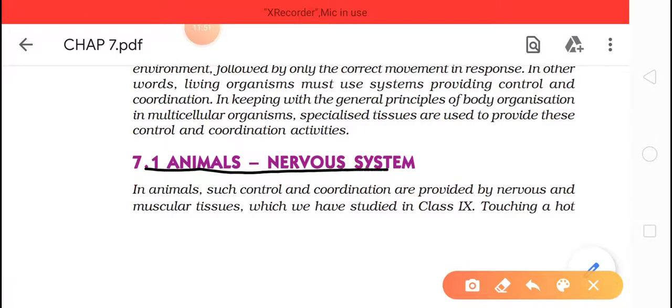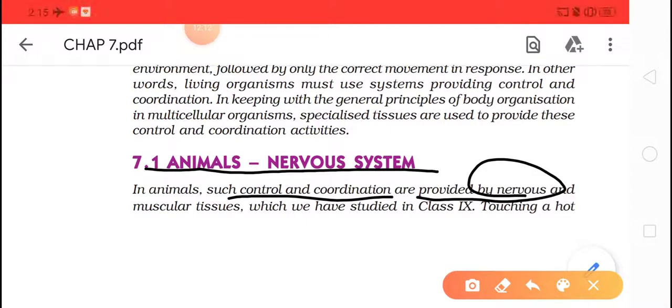Animal nervous system. In animals, such control and coordination are provided by nerves and muscles. I have just explained that whatever control and coordination there is in animals, it is provided by two things, nerves as well as muscle tissue.